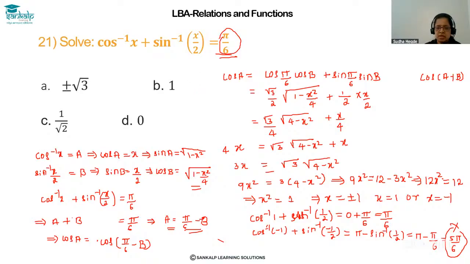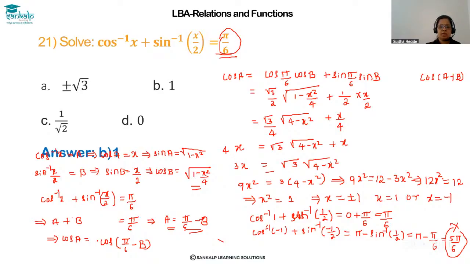So x is equal to 1 is the correct answer. X is equal to minus 1 does not satisfy the given equation. So, option B, 1 is the correct answer.